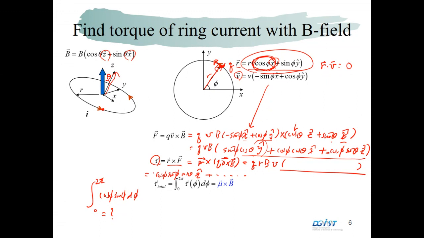Yes, it is 0. You can easily imagine by the symmetry, let's say sine phi generates this one.